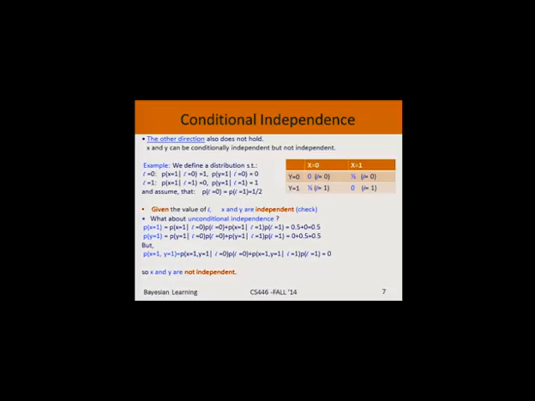P of x being 1 can be written as P of x being 1 given that L is 0 times P of L is 0, plus P of x being 1 given L is 1 times P of L is 1. You will see that it's 0.5. The same thing if you do it for y, it turns out to be 0.5. However, the probability that both of them are 1 is 0. They are never 1 together.